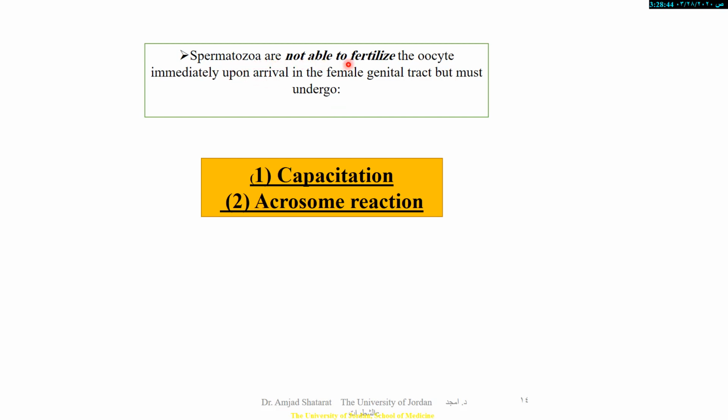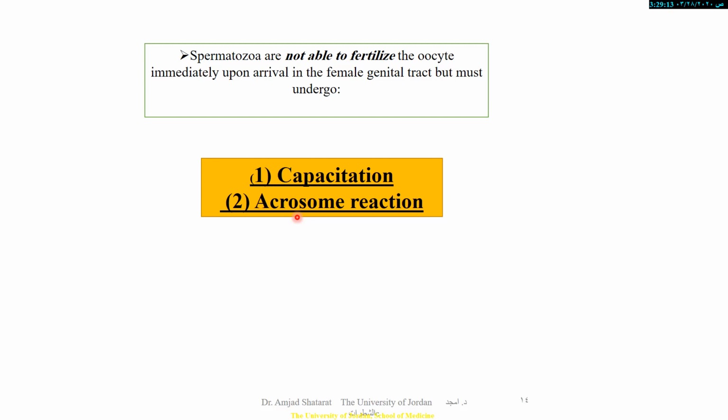Spermatozoa are not able to fertilize the oocyte immediately upon arrival in the female genital tract, but must undergo capacitation and an acrosome reaction. I told you that the sperm has plasma membrane on its head, and it has to be removed. This is what we call capacitation.